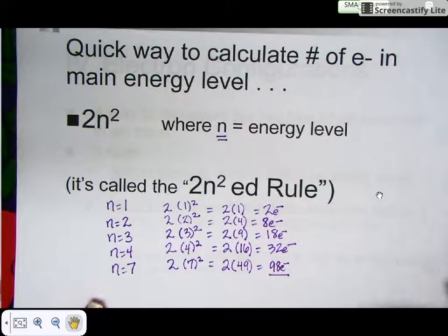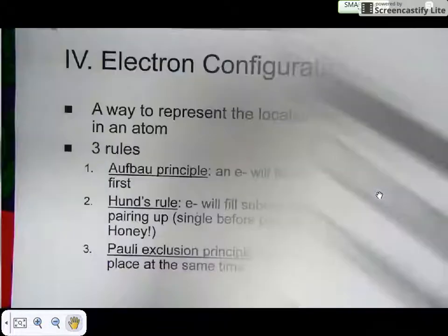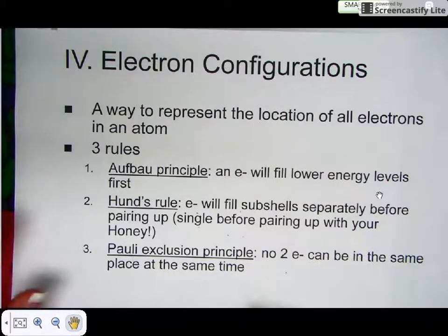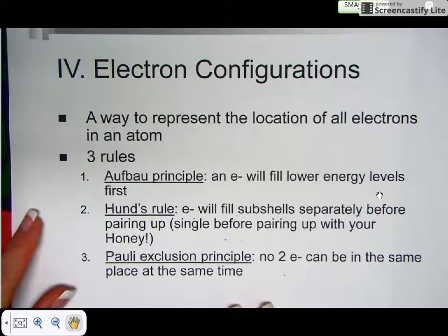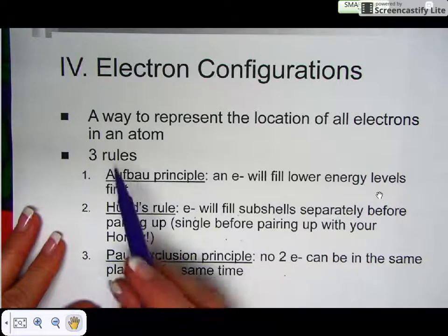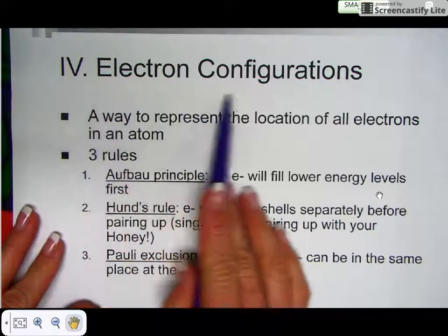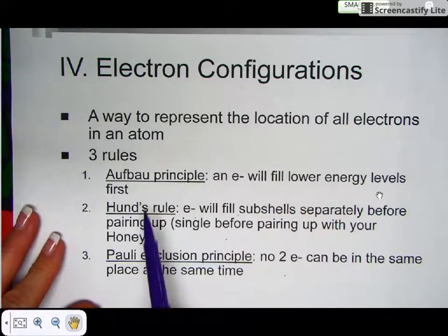All right, let's look at the next slide. The last thing we want to look at today is called Electron Configurations. We're not going to actually learn how to write electron configurations until tomorrow, but today I want to introduce you to what exactly electron configurations represent and also talk about the 3 rules that govern how we write electron configurations.